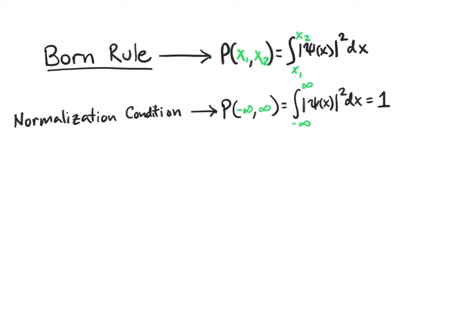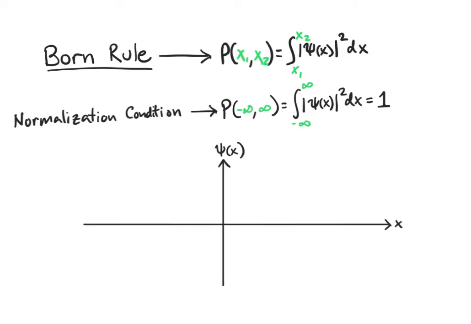I should also emphasize that this magnitude squared is still important because the wave function psi of x is, in general, complex valued. But let's take a second to qualitatively analyze how we can interpret a wave function. So first, because I can't graph a complex valued function easily, let's just assume that our wave function only has real values.